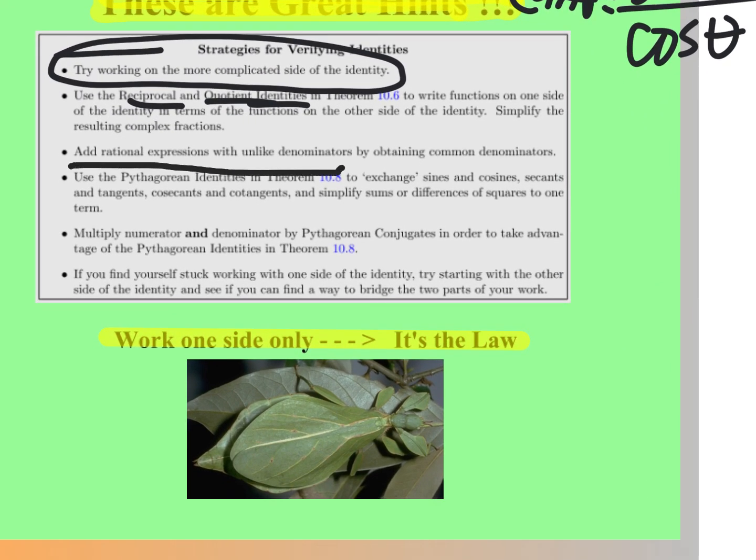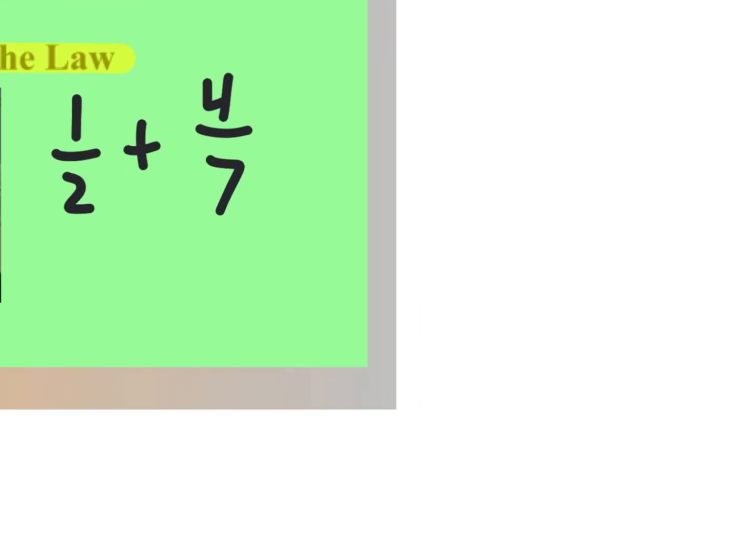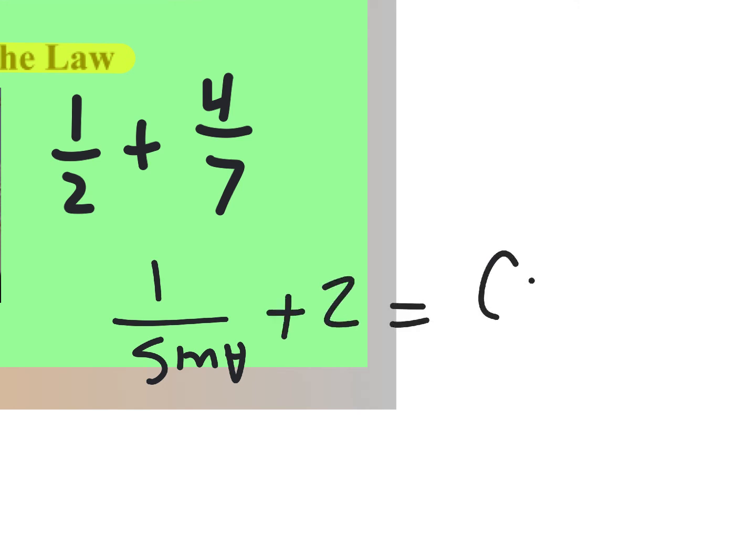If you have unlike denominators, get common denominators. You'll see that a lot tomorrow. We'll talk a lot more about using common denominators. That's why I was saying in the top 20 that I wanted to make sure kids knew how to add things like this. Because if you can't do common denominators when it's like this, how are you going to do common denominators when it's like this? 1 over sine theta plus 2 is equal to cosine over sine.